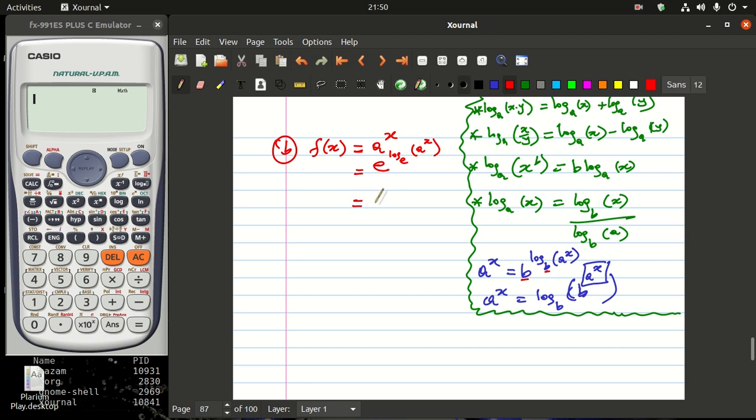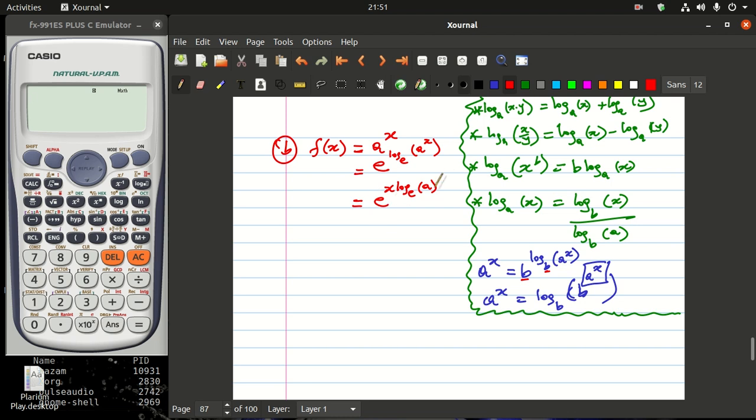And this is the same as e raised to, using this rule here, that if I have an exponent, I can always bring it in front of the log. So I'm going to bring this x down, so I end up having x times log e of a. Let me leave it like that for now.